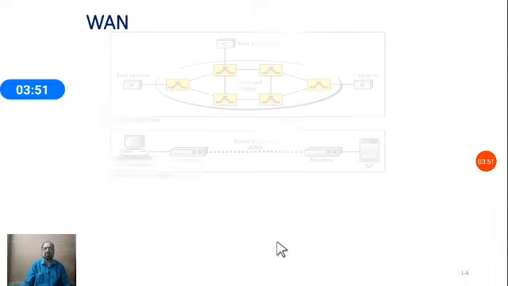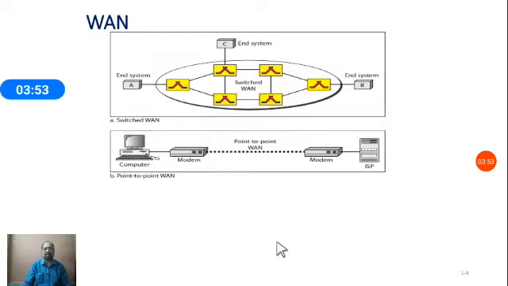Then WAN, wide area network. You observe that this is the WAN now. Here is the end of one system, this is another end of the system, this is another end of the system, and this is the WAN. So here we can say that a wide area is covered.